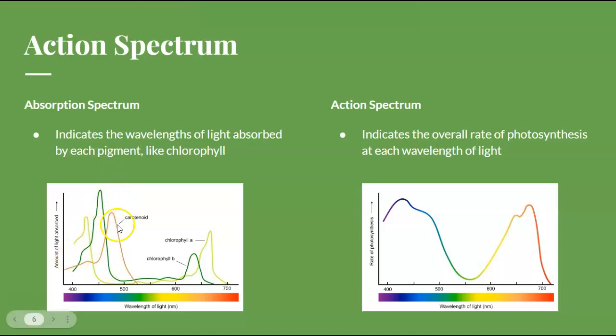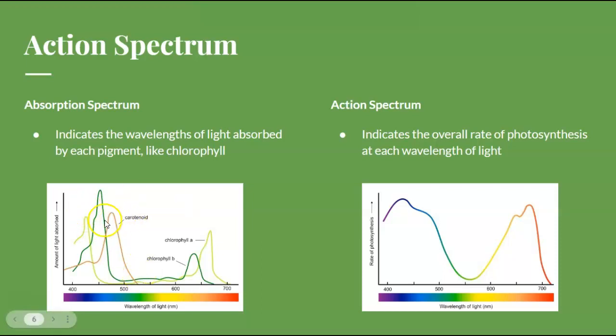Our highest peaks are right here. We have nearly nothing happening in green and yellow, and then our second highest peak is in this sort of reddish area. So blue is our winner, and then red is like the second place, but still silver medal, and then green, like, sorry dude, you're not doing great.